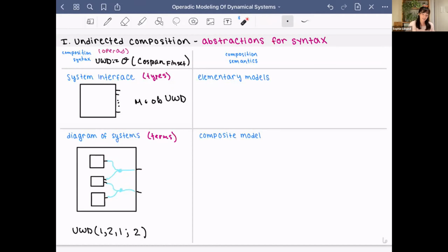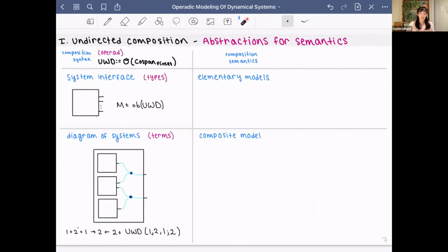Okay, so now we've described the syntax for composition, how we want to compose systems. It's now time to turn to the semantics for composition, or what are the models that we're actually going to compose? So to define some composition semantics, we need to give an operad algebra over our operad. And an operad algebra is a functor.